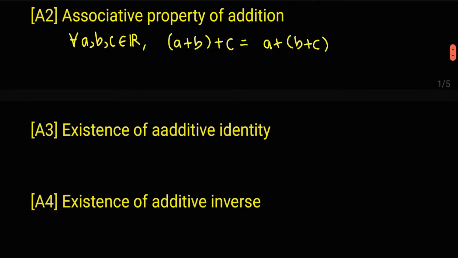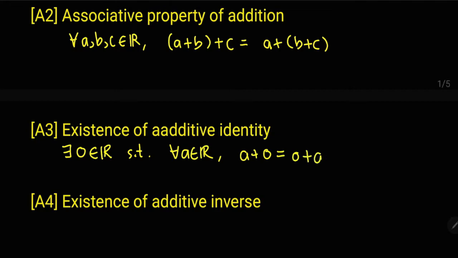The third property, A3, existence of additive identity. In the set of real numbers, there exists a number which we call 0 that satisfies the following condition. For every real number a, we always have a plus 0, or 0 plus a, is equal to a. The fourth property, A4, existence of additive inverse.